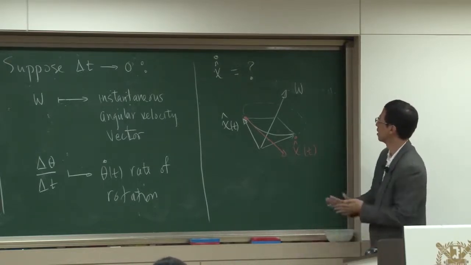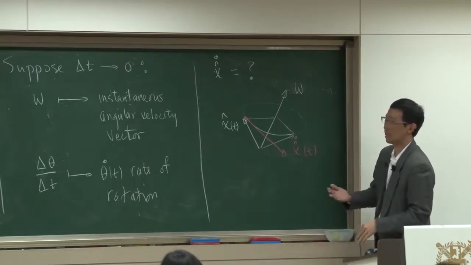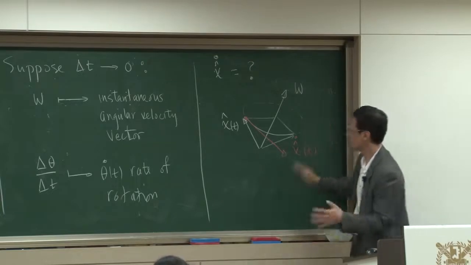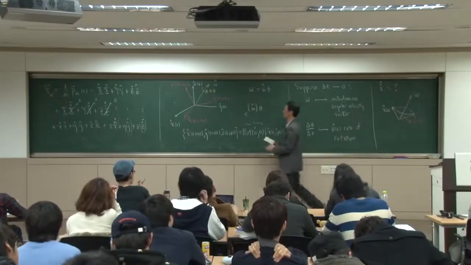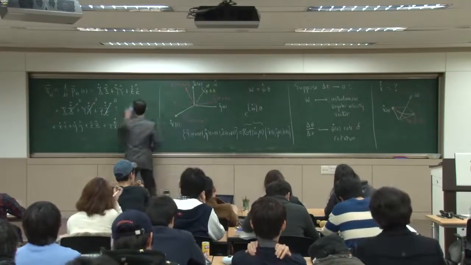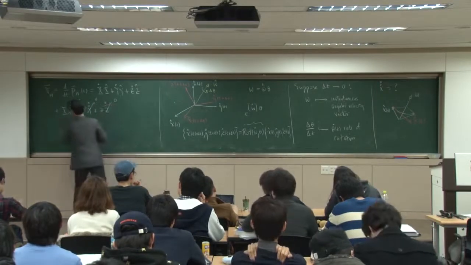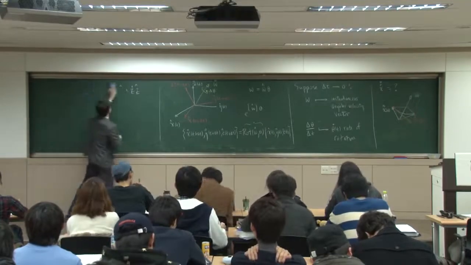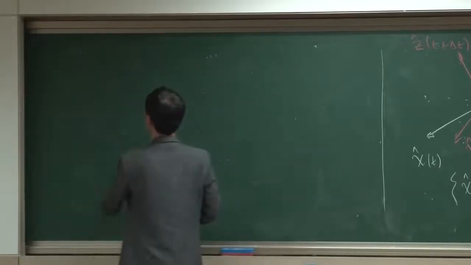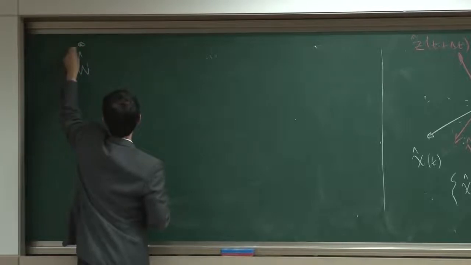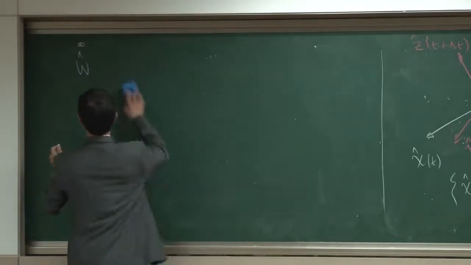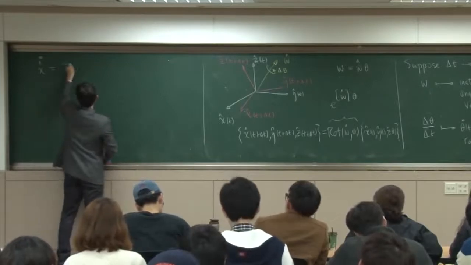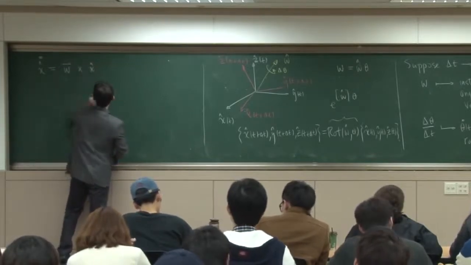If you look at this picture long enough and think about it, you'll be able to convince yourself, just from basic trigonometry, that in fact x hat dot is just omega cross x hat.